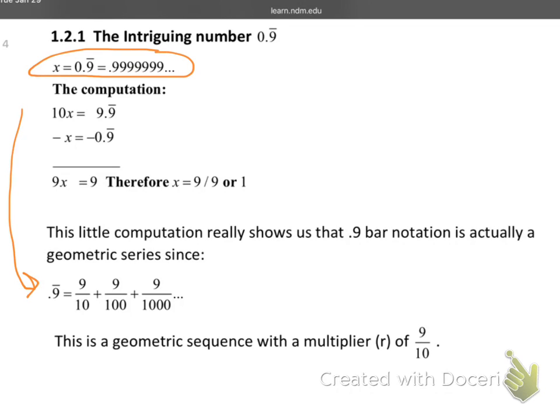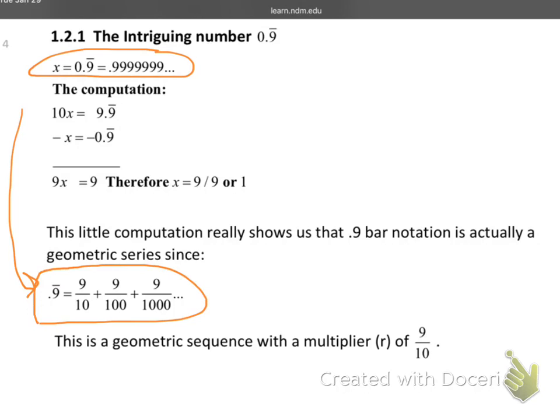So that means it's really a series. So look at what it really is. It's a geometric series, since 0.9 bar equals 9/10 plus 9/100 plus 9/1000. If you think about it this way as a series, then you can use that knowledge to rewrite it as a fraction. So this is how you do it.